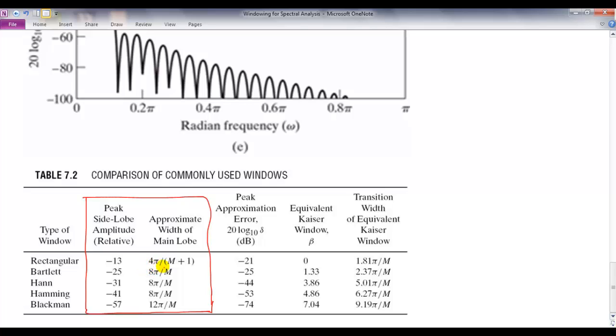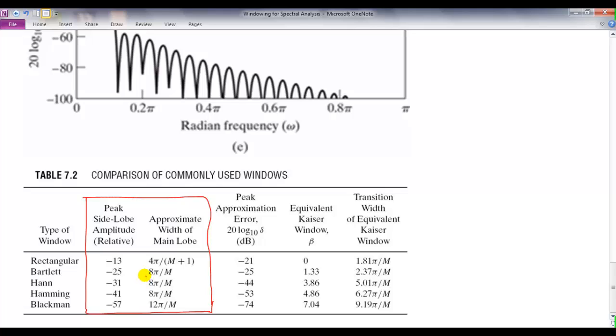It's proportional to 4 pi over the length of the window. Okay, it's 4 pi over n, but it has the highest side lobe, which is minus 13 dB only below your main lobe. Okay, Bartlett, on the other hand, at minus 25, but the main lobe doubles.